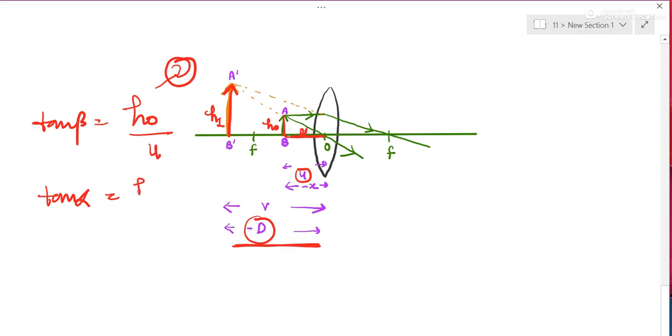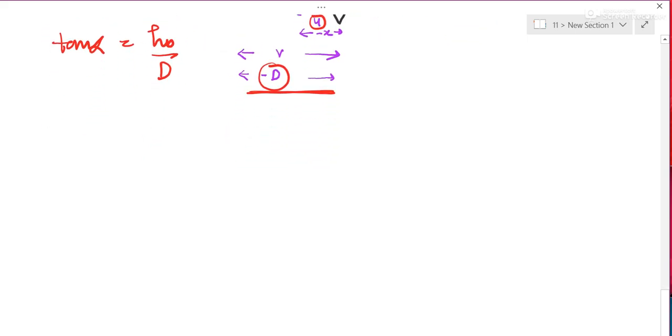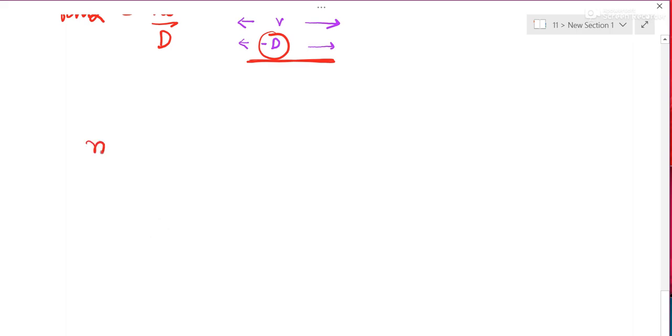Tangent alpha came as H naught by D, or H naught by V you can say, D you can say, or minus D you can say. Now let us substitute in magnifying power, tangent beta by tangent alpha.